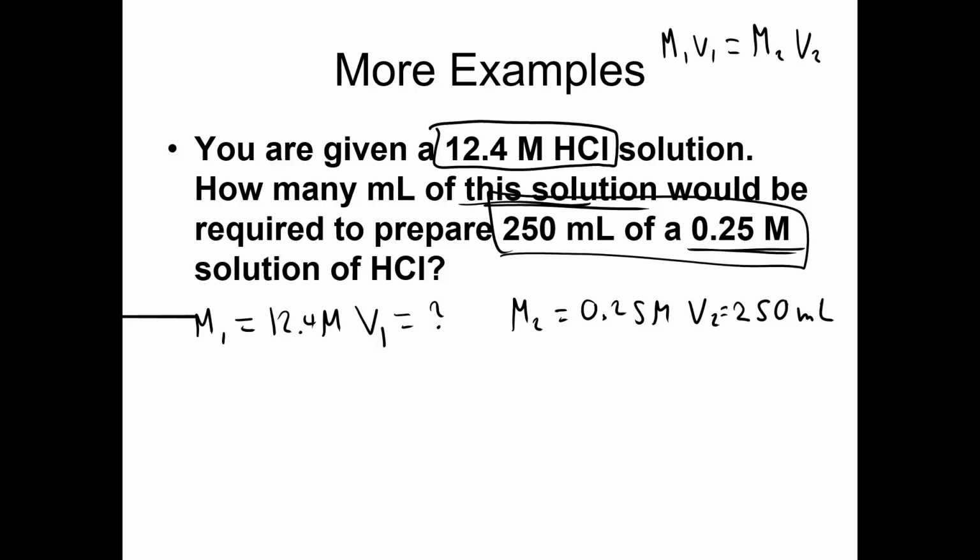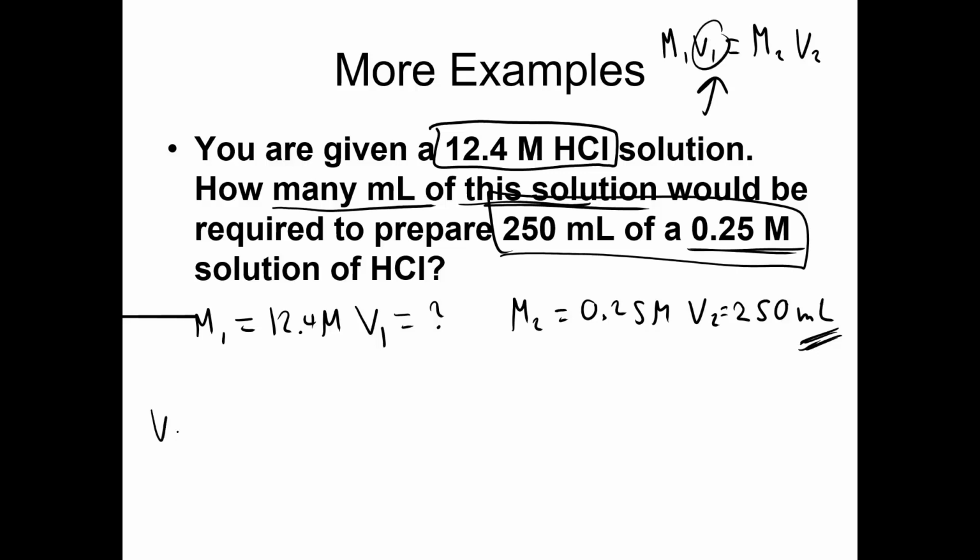I can, but since I'm asking for milliliters, you'll see this molarity is going to cancel, and the volume will be the end unit. So whatever this unit is going to be the answer to your question. Okay, this could actually even be in gallons. It works that way.